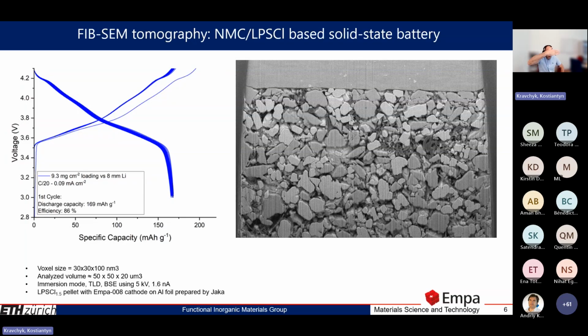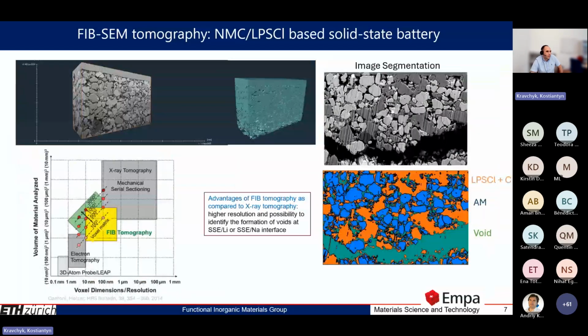If you make a cut at a random place, you might have the impression that your interface is completely fine, but if you do this X-ray tomography mapping, it will be another story, because maybe you'll have a very large region with a cavity in a different place.